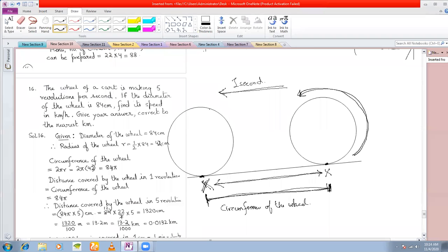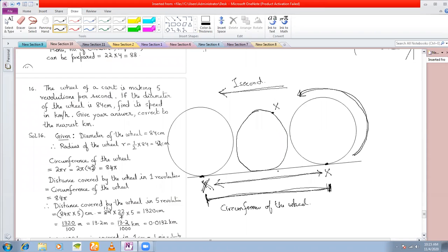Yes, Neha, tell me. See, if I consider this point here, suppose the wheel reaches here. Then say X is here.